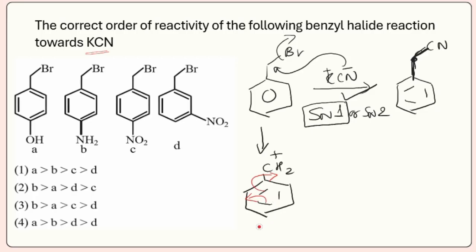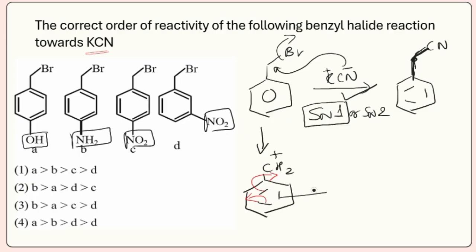The benzene ring donates the pi electrons and stabilizes the carbocation. Hence, it will undergo SN1 reaction. So what is the order of reactivity of these benzyl halides? It depends on the group present on the benzene ring.